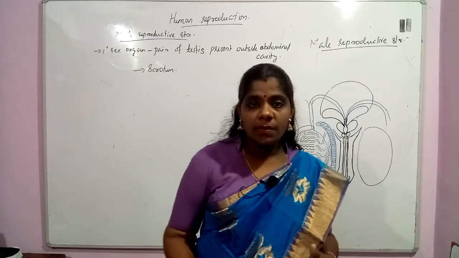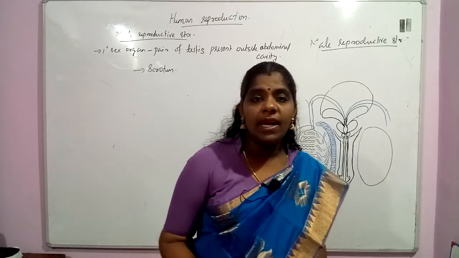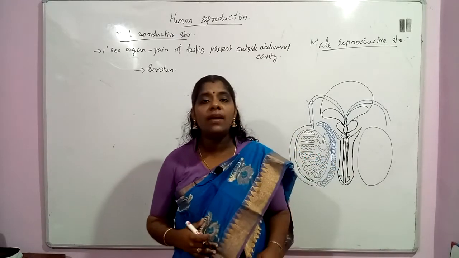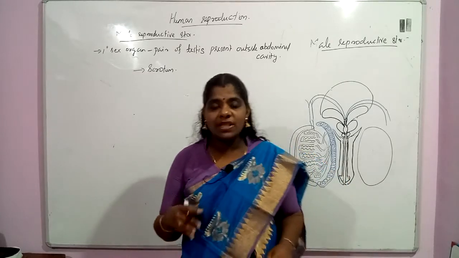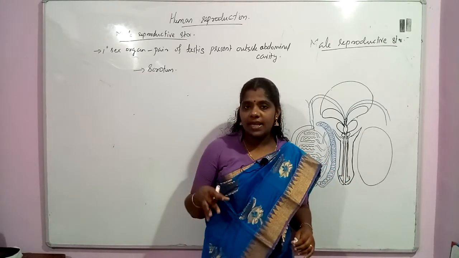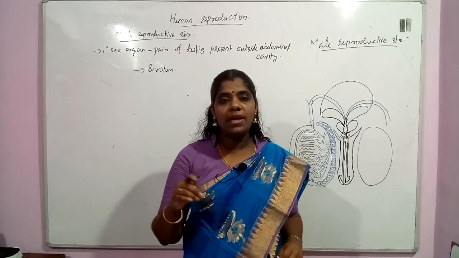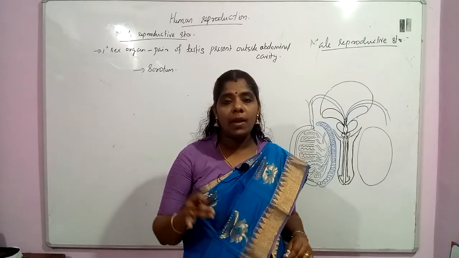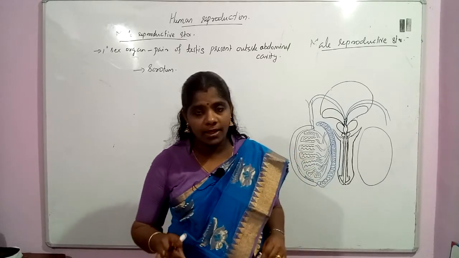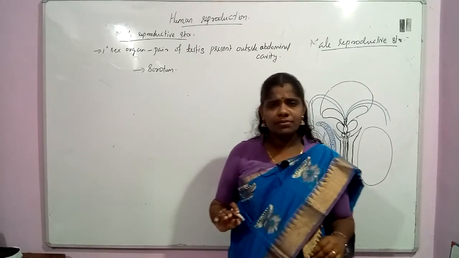Our body temperature is about 37 degrees Celsius, and spermatogenesis needs about 2 to 2.5 degrees Celsius lower than that, for sperm formation. We know sperm is the male gamete which is formed inside the testis, right? To maintain that temperature, it is present inside the scrotum.